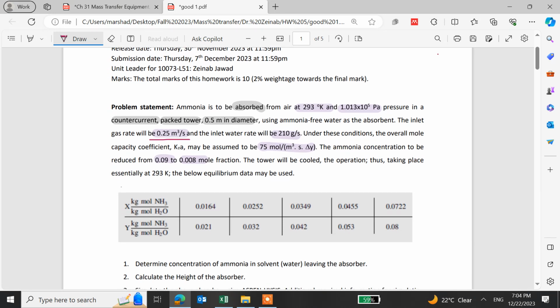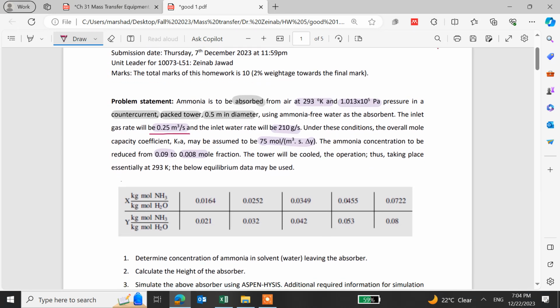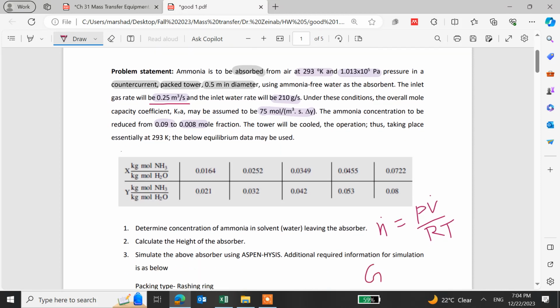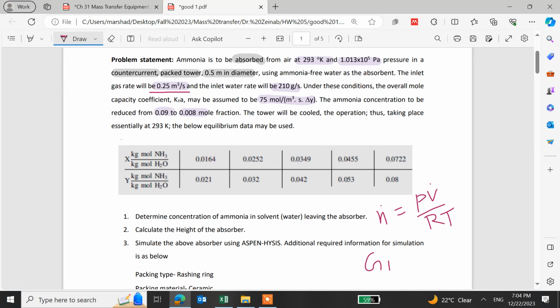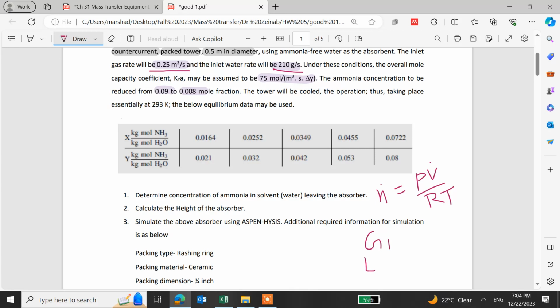From volumetric flow rate to molar flow rate, as we did before, we use PV over RT, the gas law. Then that becomes G1. Also L1 is given, so you need to convert this into moles, from grams per second.